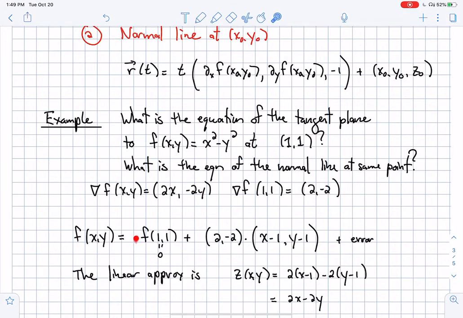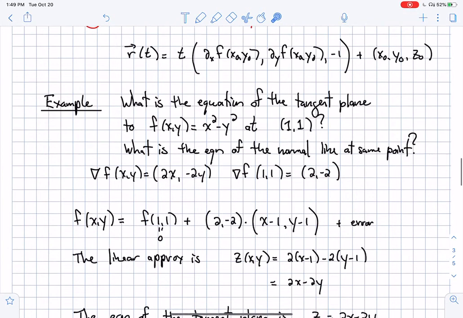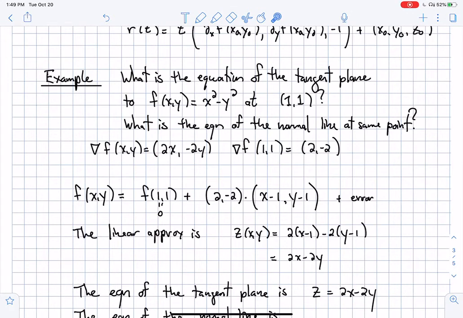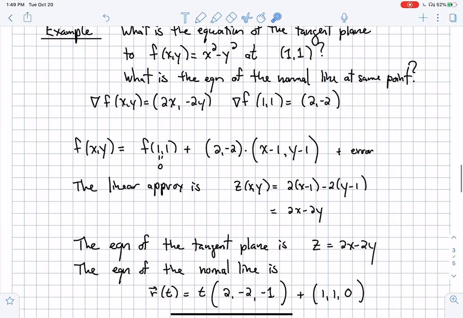So that's the equation of the linear approximation. Since this is 0, I get 2 times x minus 1, minus, I'm doing the dot product here, 2 times y minus 1. So if you simplify it, it's just 2x minus 2y. Okay? So this is the equation of the tangent plane, looking at the third coordinate. So z is equal to 2x minus 2y.